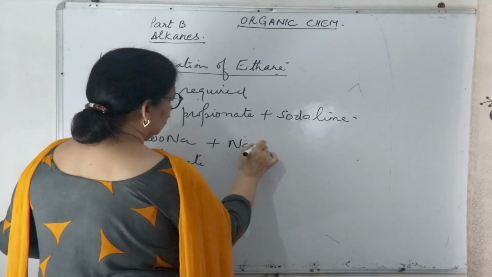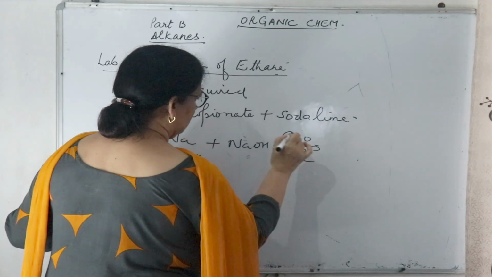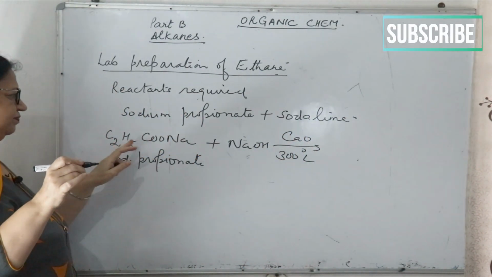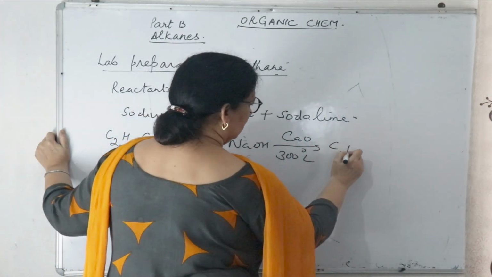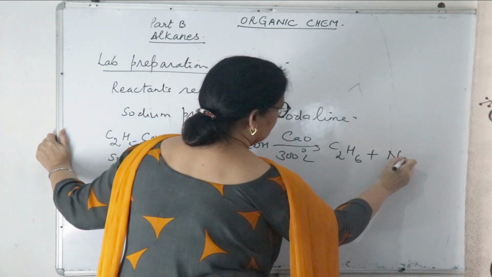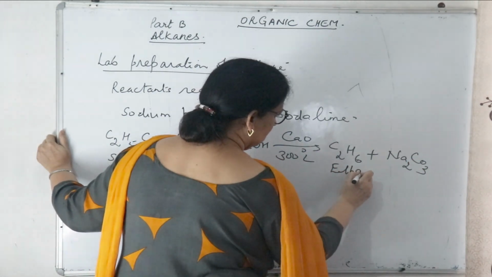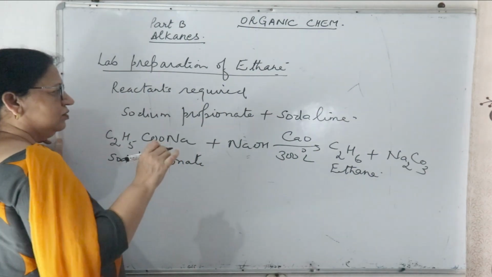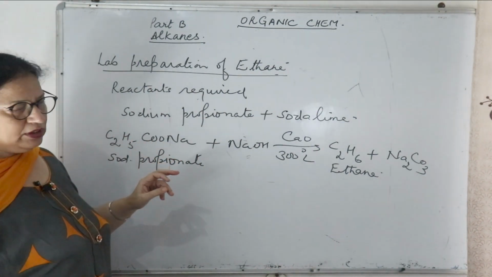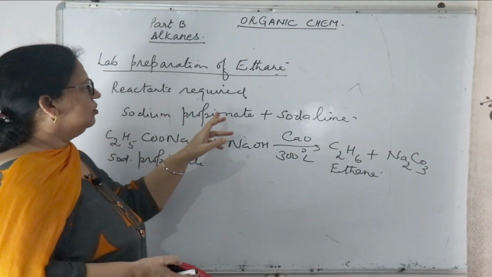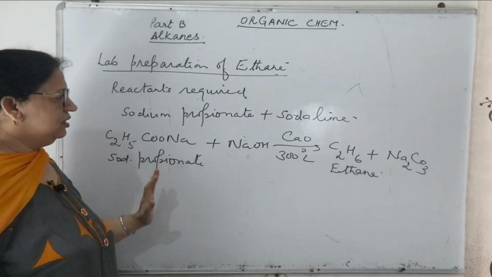Plus NaOH, CaO, 300 degrees Celsius temperature, and this H will combine with the C2H5, that is C2H6 plus Na2CO3. What is formed? This is ethane. So this way we can make the whole series of compounds. Collection and procedure are the same.